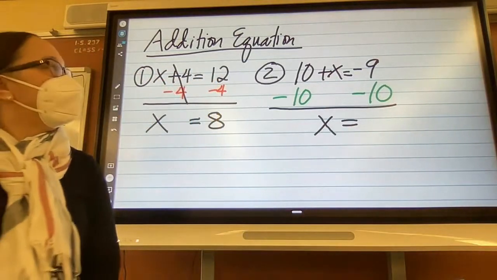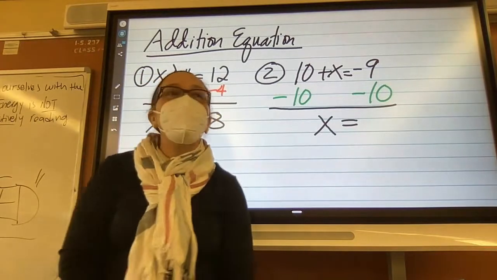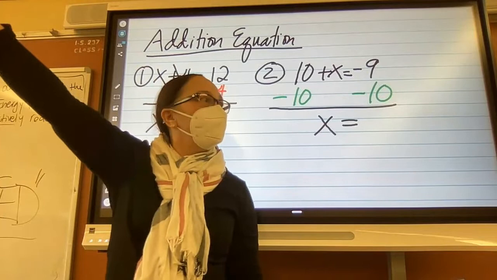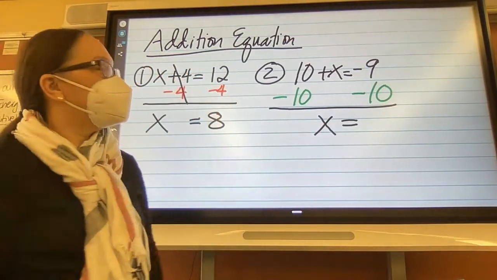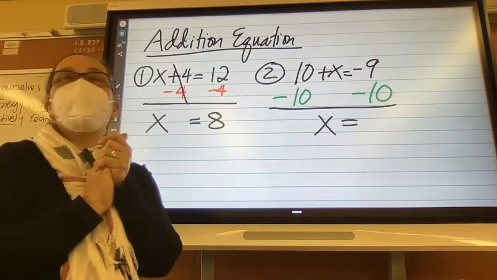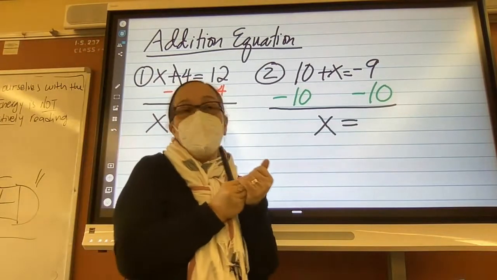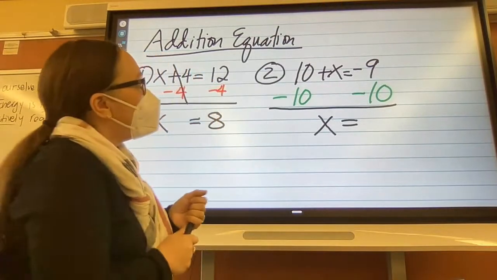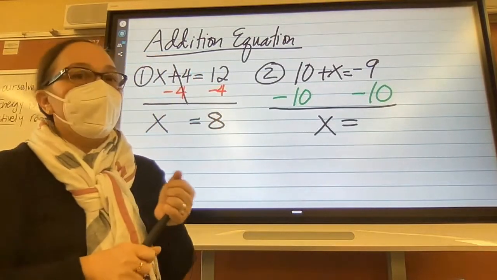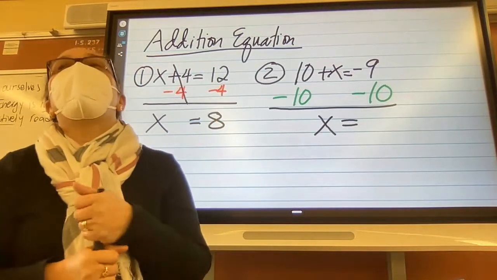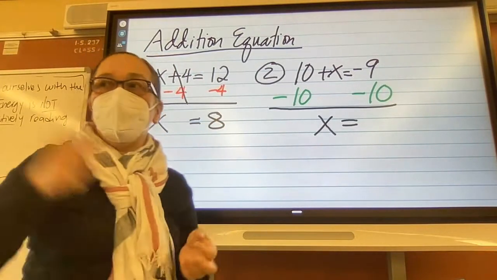Negative 19. How do you get negative 19? All right, that's a good idea. But another way? All right, that's nice thinking too.